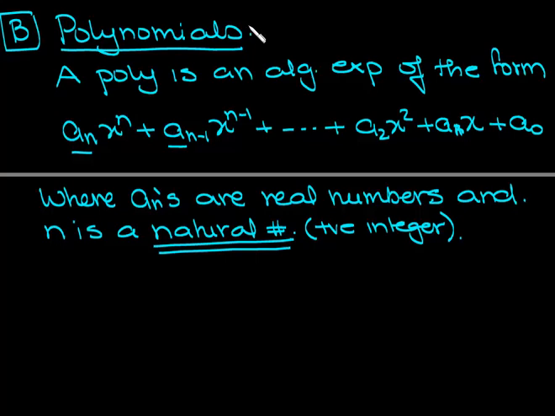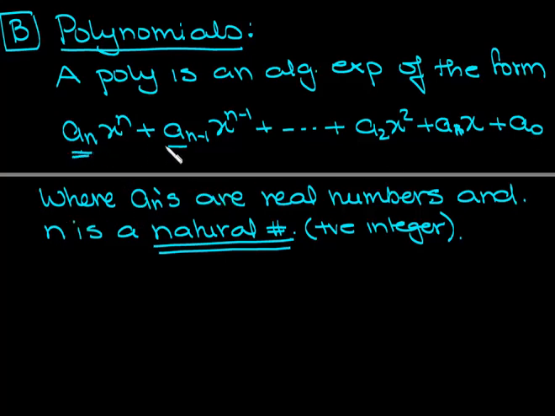So let's define a polynomial. A polynomial is an algebraic expression of the form a_n x^n plus a_(n-1) x^(n-1), plus, and so on, and then you have a_2 x squared plus a_1 x plus a_0.